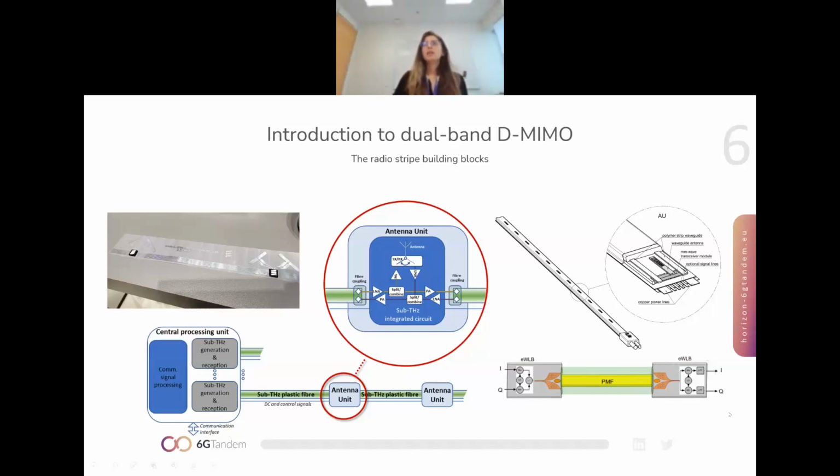And there we have this embedded wafer level ball grid array concept, the packaging concept of Infineon, and then a Vivaldi antenna connecting the radio signal towards the plastic microwave fiber. And then on the top right side, we have this very futuristic vision of ours, that you have these antenna units embedded into the fiber. And so it would be an easy deployment.